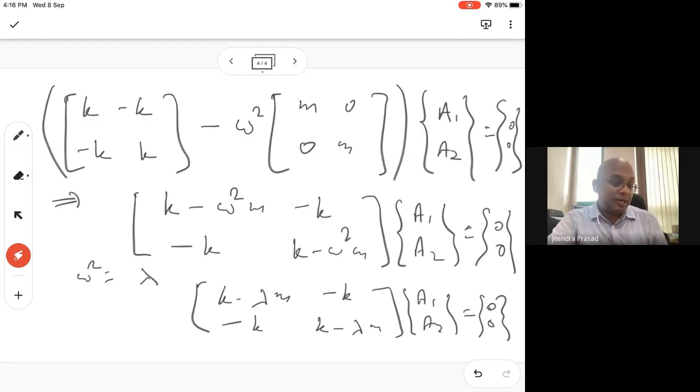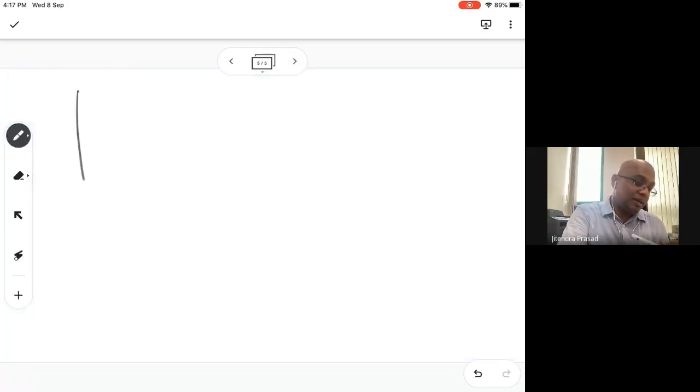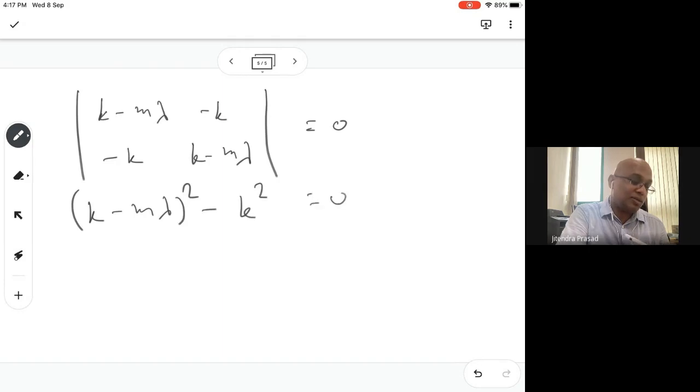Now if a unique solution exists, then the determinant has to be 0, because this matrix cannot be inverted. So the determinant of k minus m lambda, minus k, minus k, k minus m lambda is equal to 0, or simply k minus m lambda whole square minus k square equal to 0.